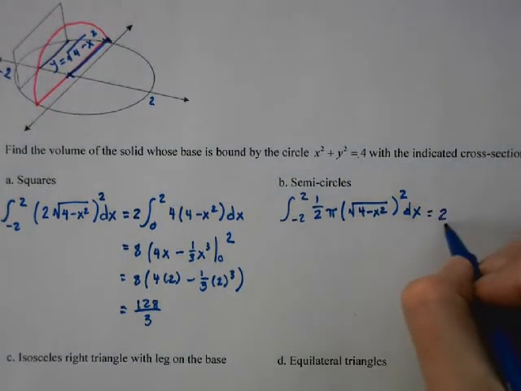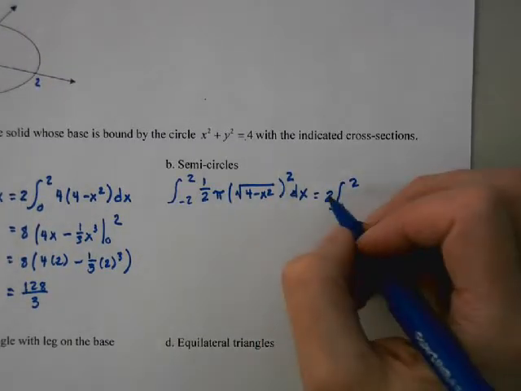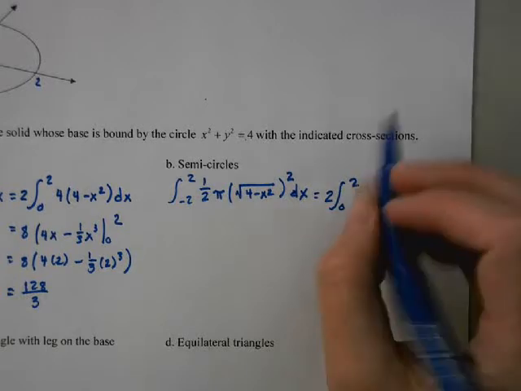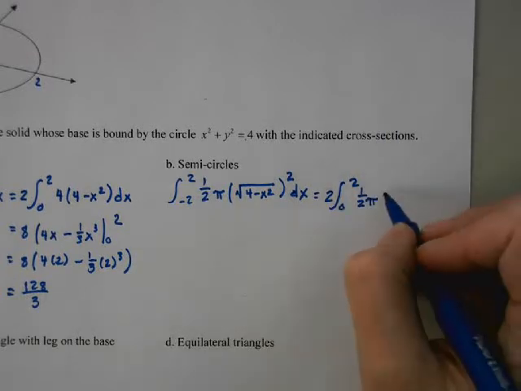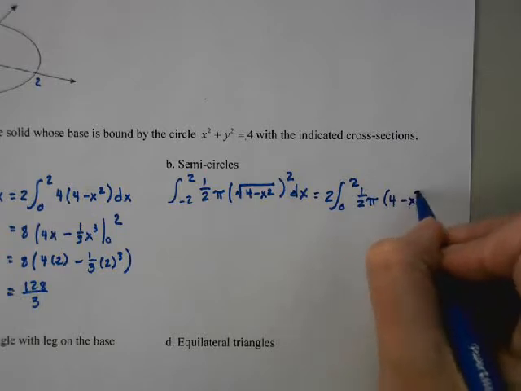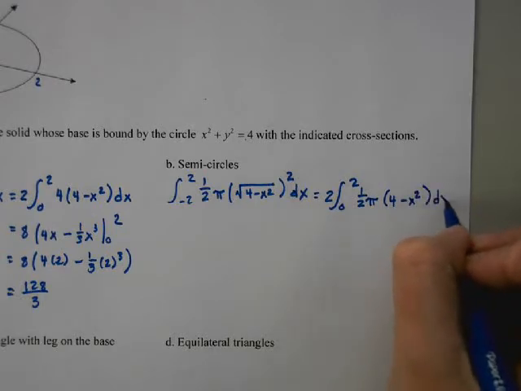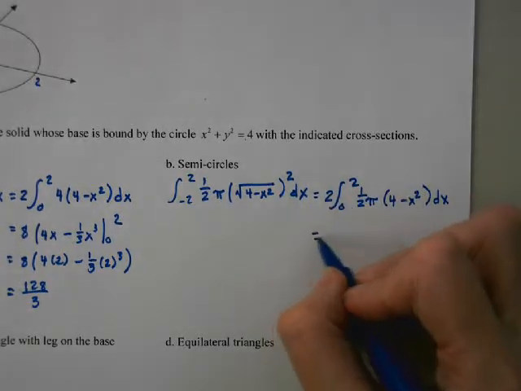So again, I'm going to double the integral from 0 to 2 to make life easier. And then square that, so that's just 4 minus x squared. So if I do 2 times 1/2 pi, that's just going to be pi.